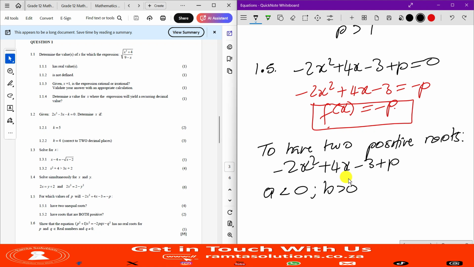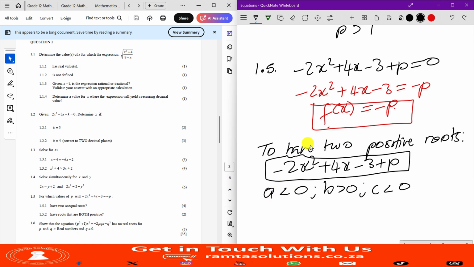If b is positive, what should happen with the value of c for this to have two positive roots? The value of c should also be negative. Please note, this is just a reminder to myself. So to have two positive roots, a must be negative, as is the case. B is positive, you can see it. Therefore, the constant must also be negative.